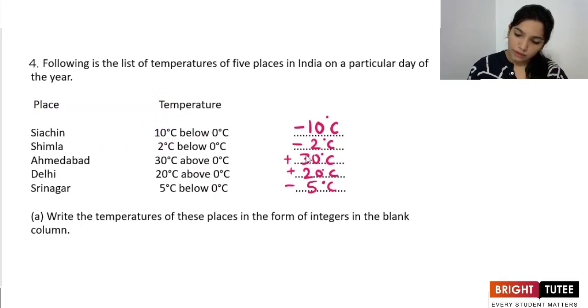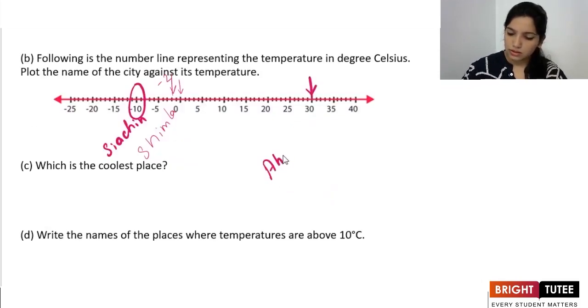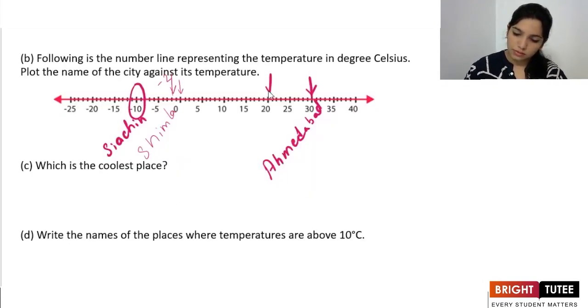Then we have got +30 for Ahmedabad. So let's write it here at 30 degrees. So here is 30 degrees. This is Ahmedabad. Right? Then we have Delhi at +20. So this is +20.